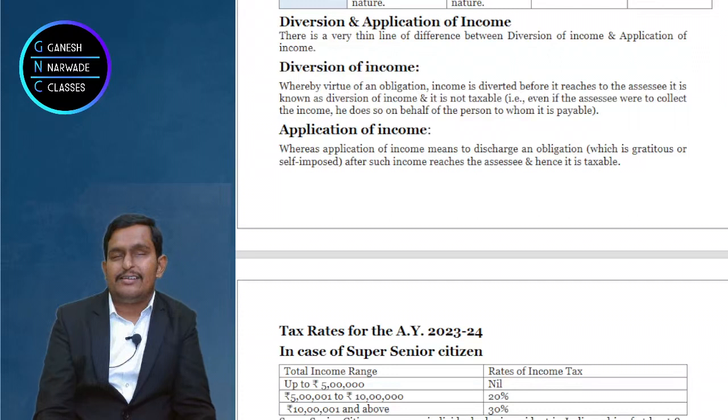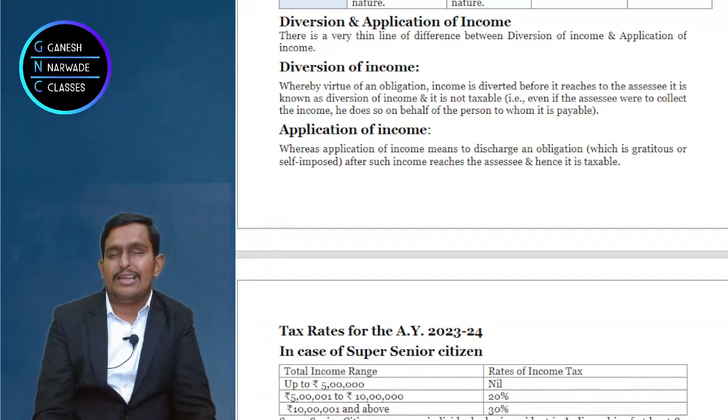That's why these types of things are not taxable. 1 lakh is not taxable to the firm. Who will pay tax on 1 lakh? The deceased partner's wife got the money, so she should pay tax on that 1 lakh. And the firm will pay tax only on 2 lakhs rupees. In the same way, I'll give you one more example. A publication house is there.